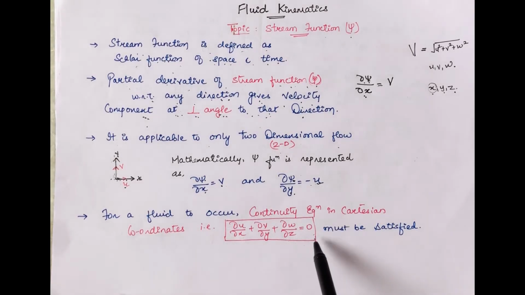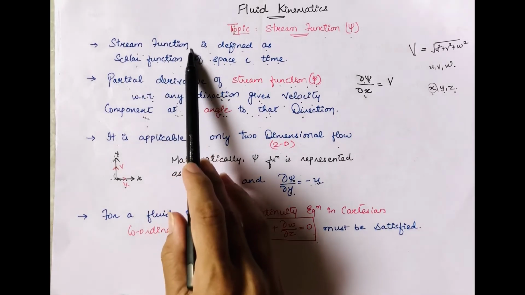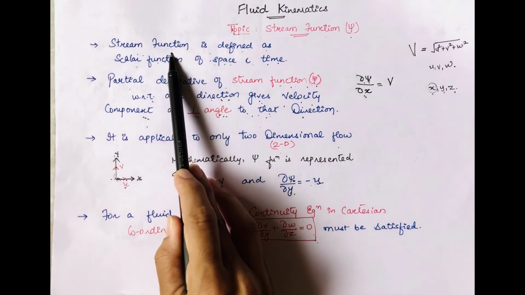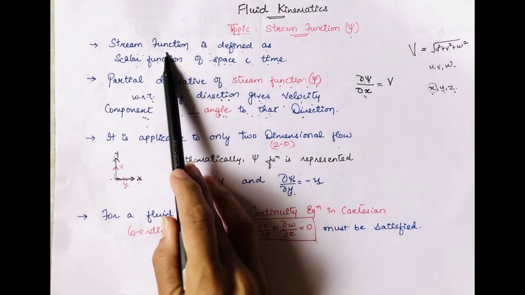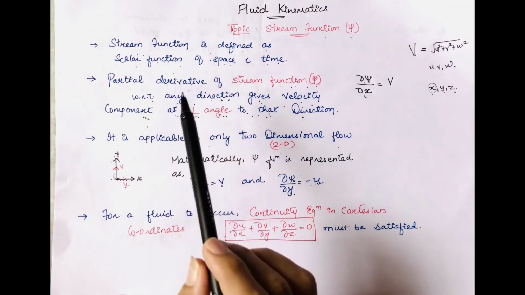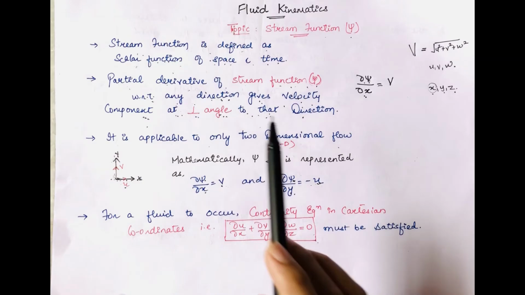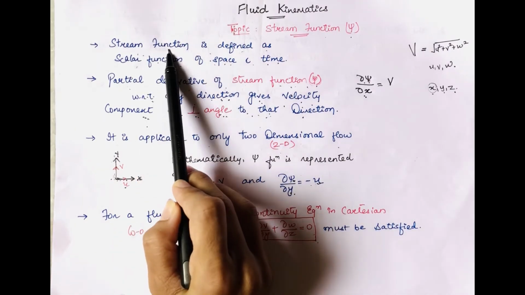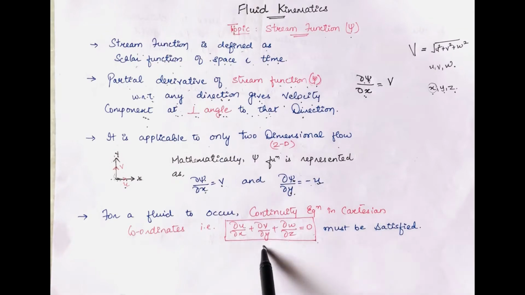Cartesian coordinates. Similarly here also, stream function psi is a function which is used to find the velocity of a fluid flow at a particular point. With the help of stream function, we can find the velocity of a particular particle in a fluid flow. So this stream function psi must also satisfy the continuity equation.